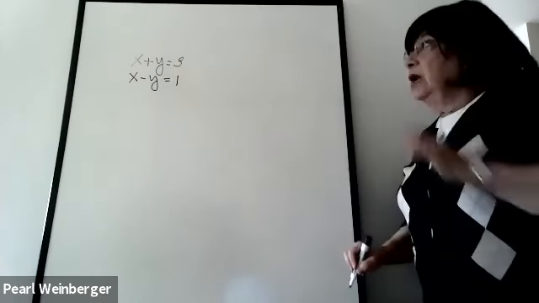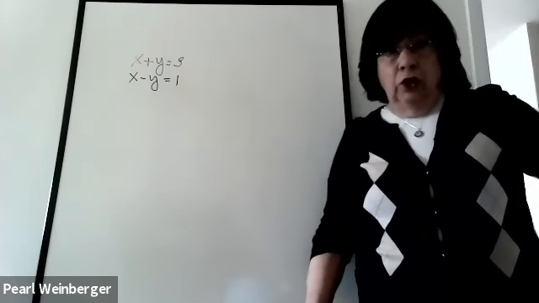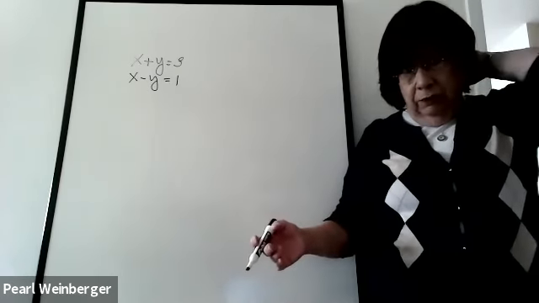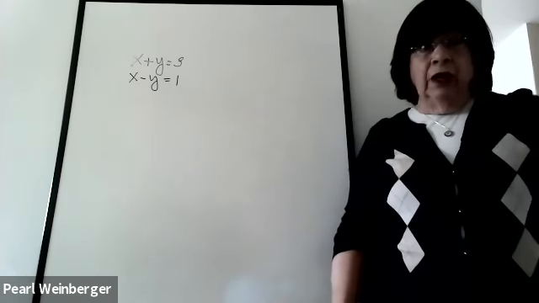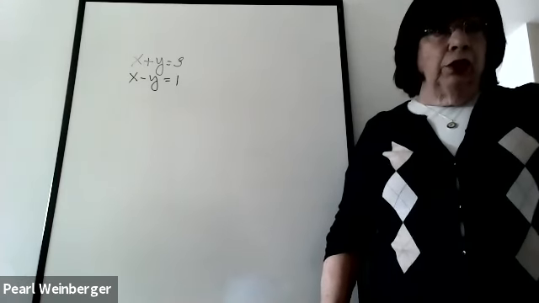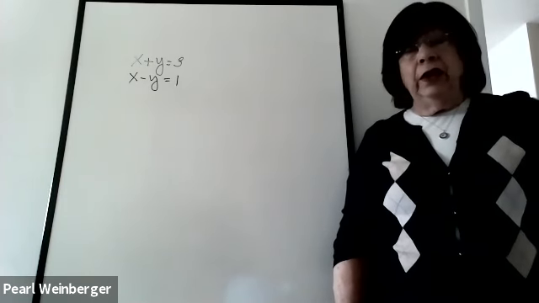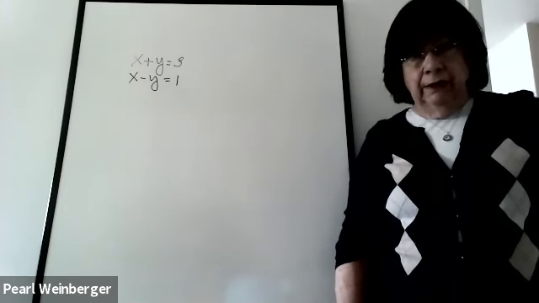We want to solve the system of equations, which means that since these are two lines on the graph, what we're looking for in a solution is, where are the two lines meeting?